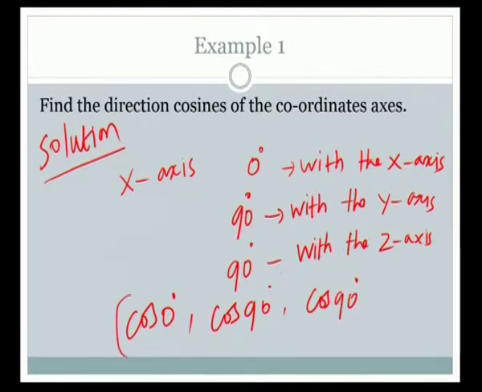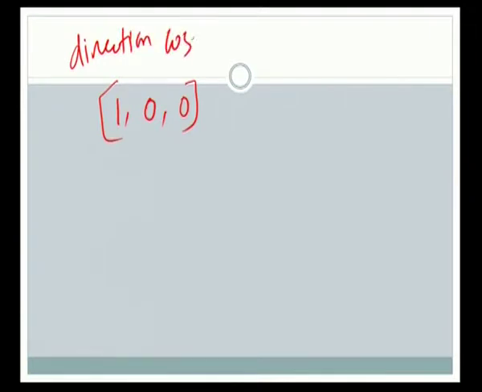This is given in square brackets. So, we got cos 0 is 1, then cos 90 is 0, then cos 90 is 0. So, the direction cosines of the x axis is this one.